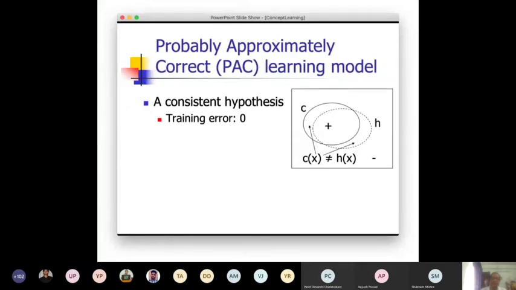Suppose you have a consistent hypothesis. Consistent means it will be consistent with respect to all positive examples and all negative examples. That is the definition.